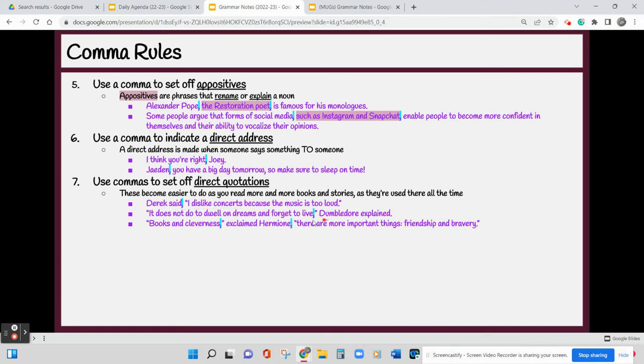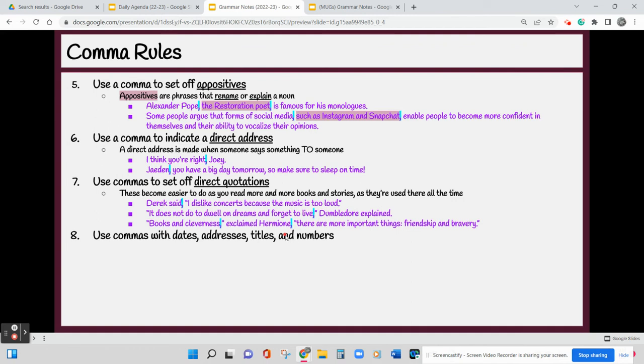This one shows you what it looks like at the end of the quote. And sometimes when we need to interrupt what we're saying with some kind of tag like we do here, it's important for you to understand that there's a comma that goes where we pause and interrupt the dialogue, and then another comma when we pick it back up again.